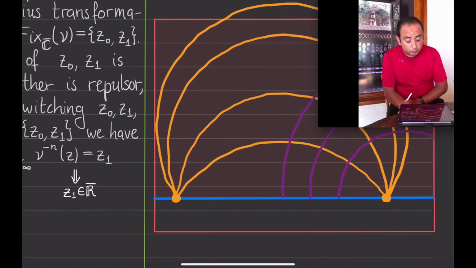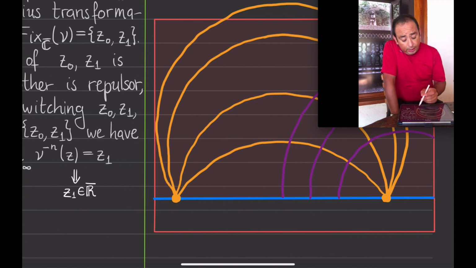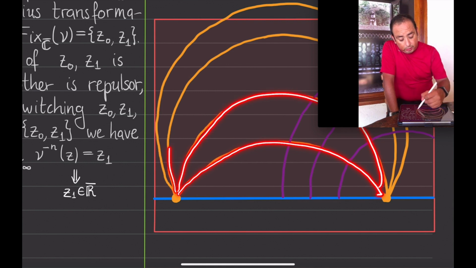Because the transformation is hyperbolic, we know that those segments are stable under all integral powers of nu. So this one is stable under all integral powers of nu, this one as well, etc.